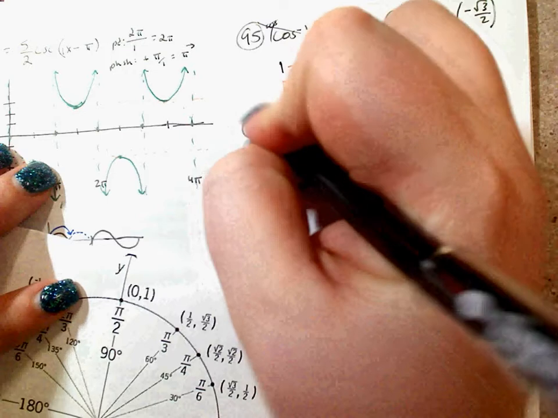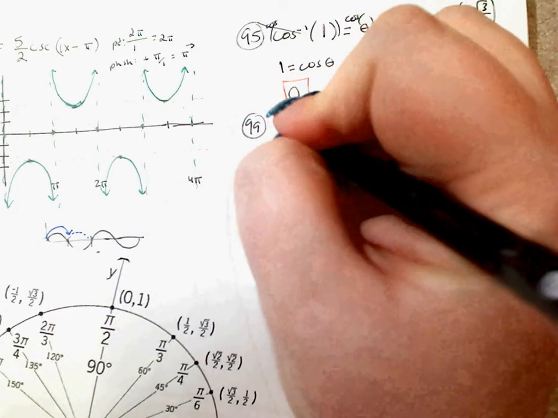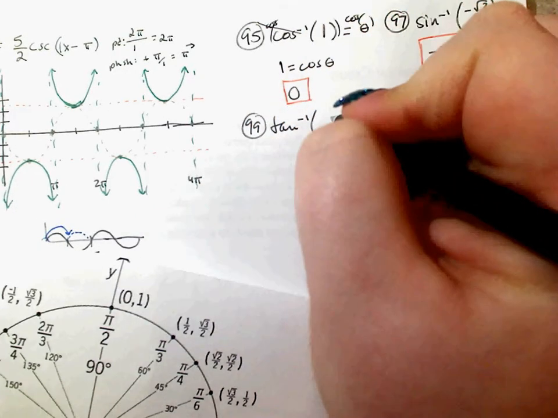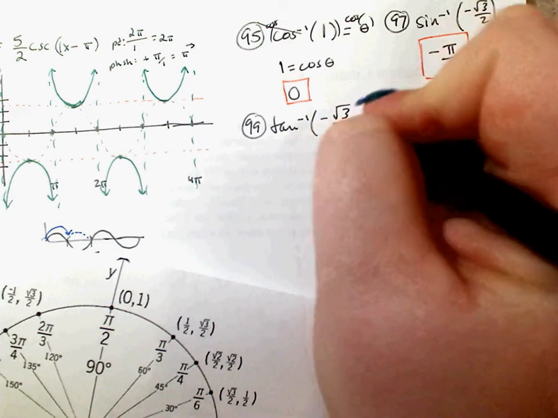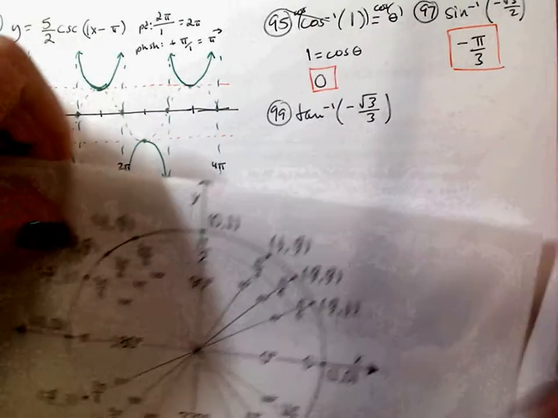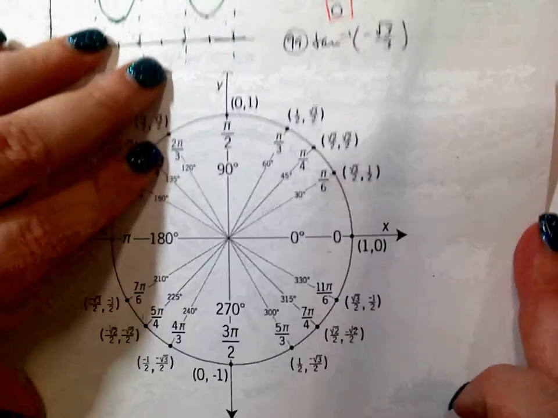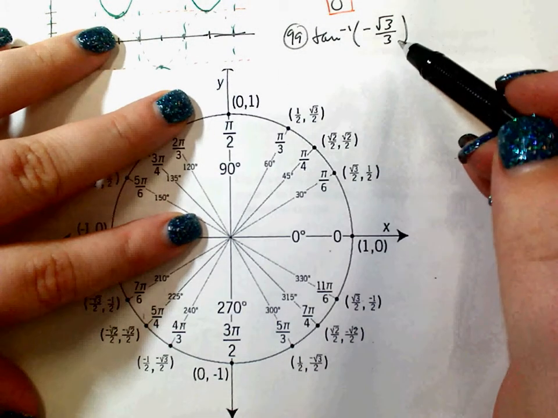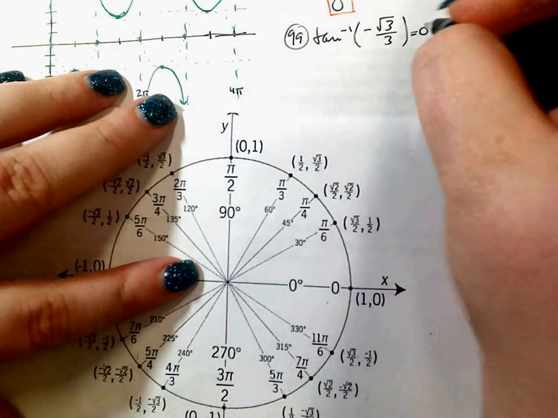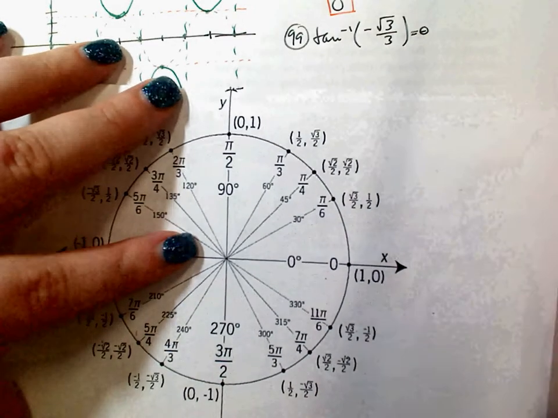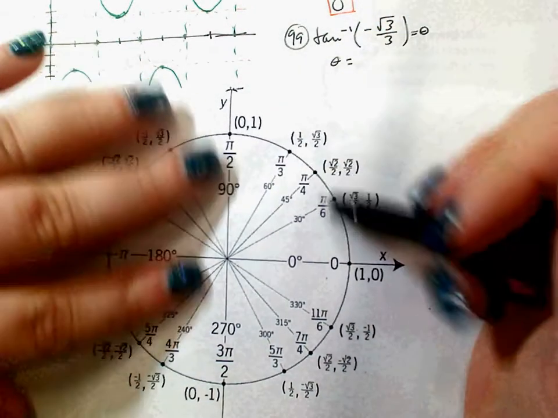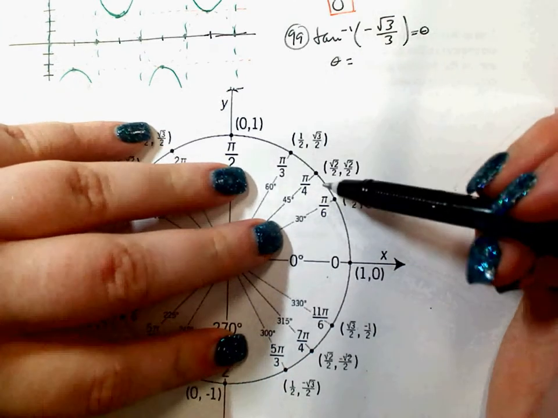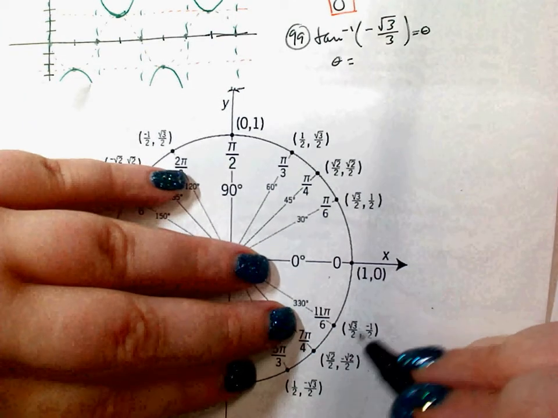99. Tan inverse of the negative square root of 3 over 3. So tan inverse also only exists from negative pi over 2 to pi over 2. So when I think about tangent being this, tangent of what angle, right? I look at these angles and I think, okay, tangent's never going to be negative up here, so it's got to be down here. Tangent is y over x.